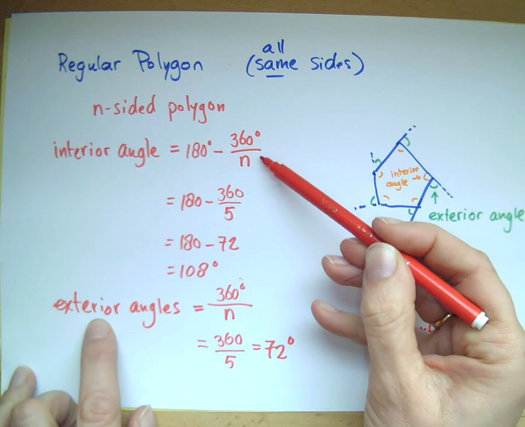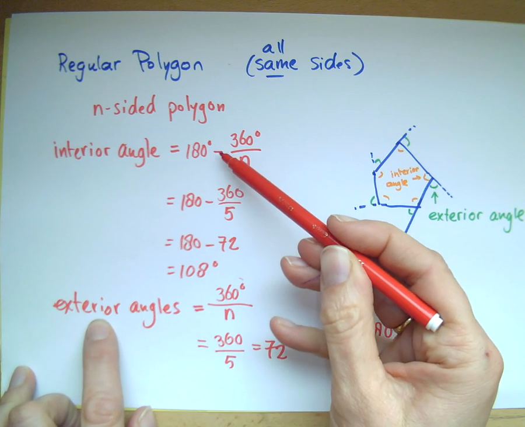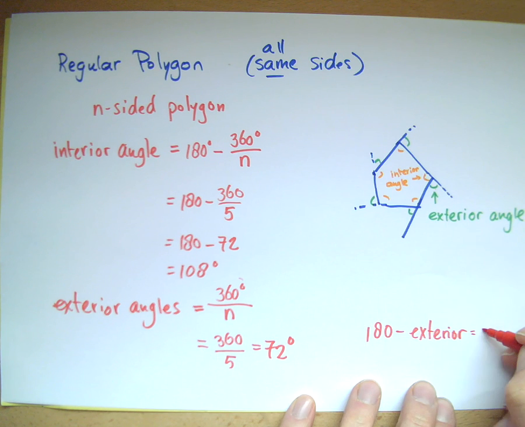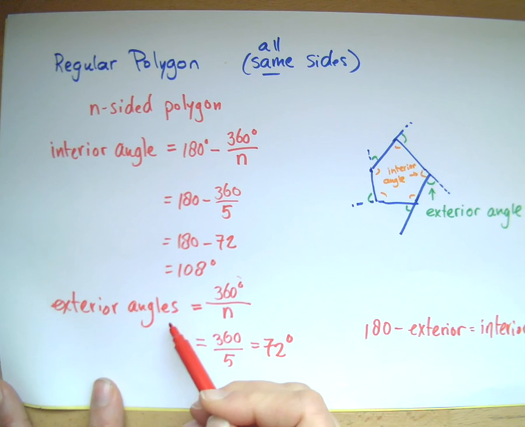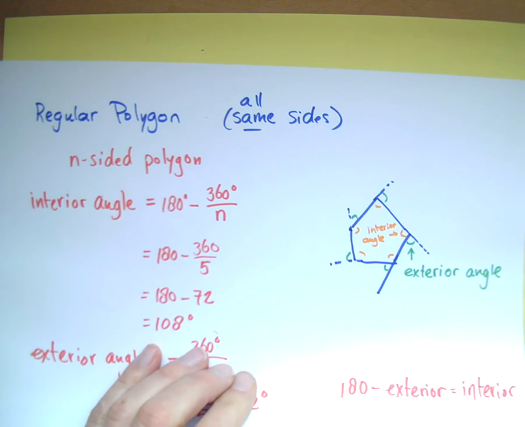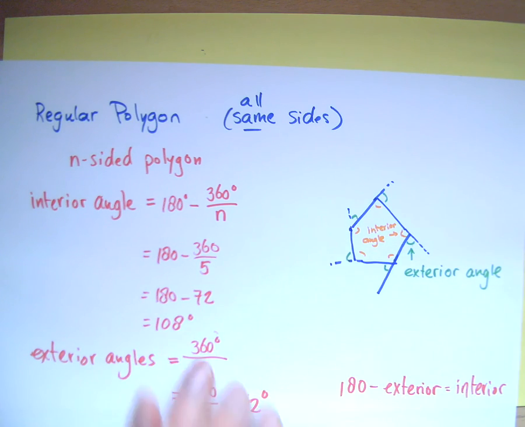So this bit is the exterior angle, and 180 minus the exterior angle is the interior angle. Sorry for doing that backwards. Should have done the exterior first and then told you how to find the interior. So much for polygons.